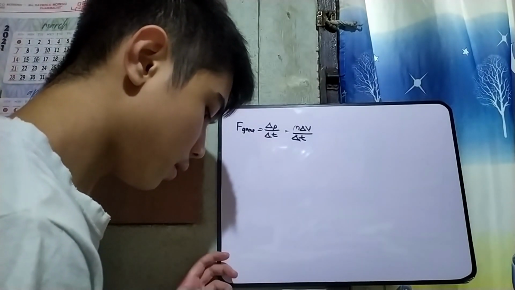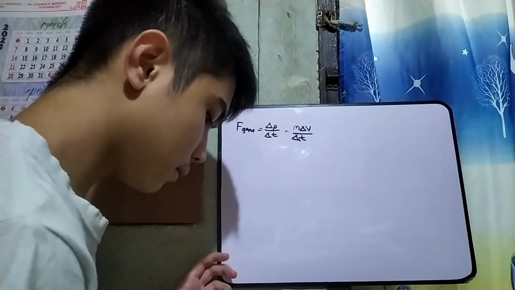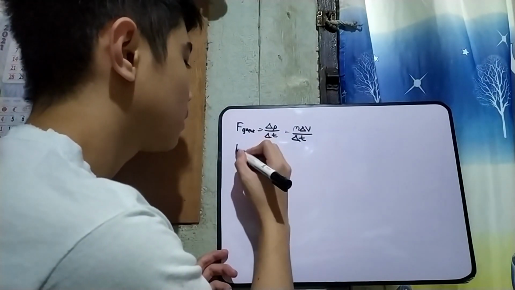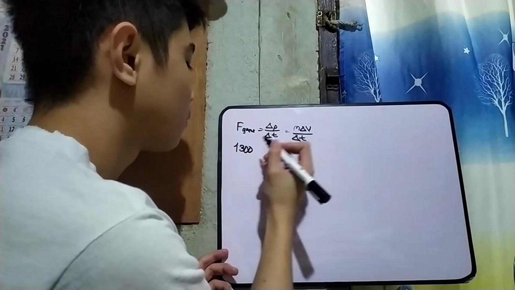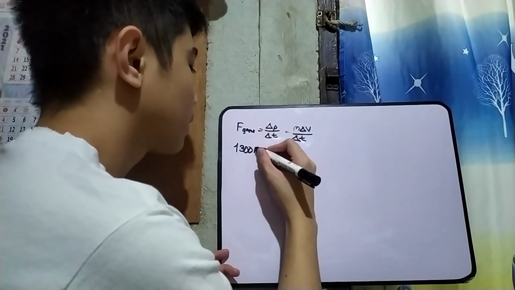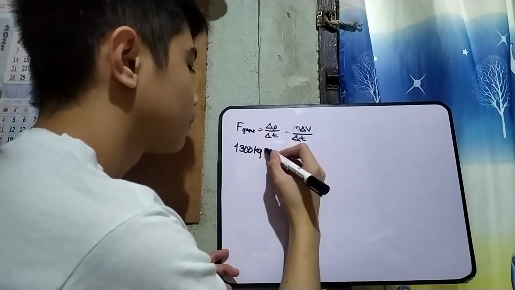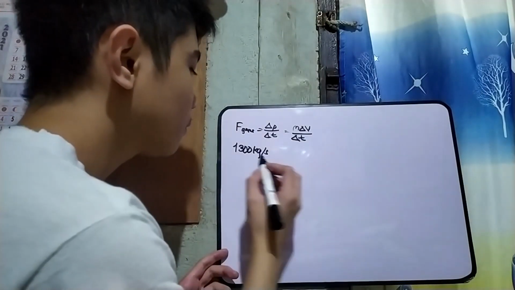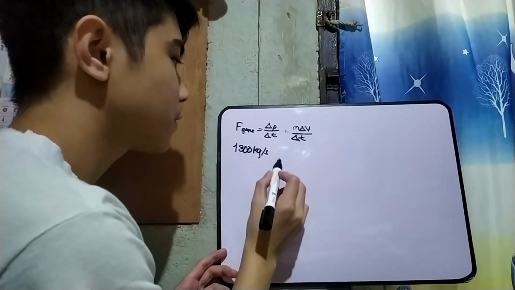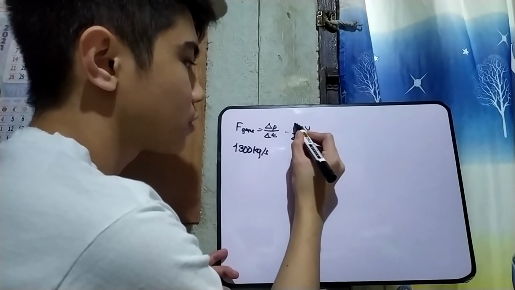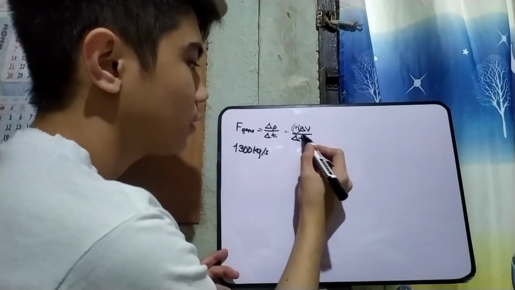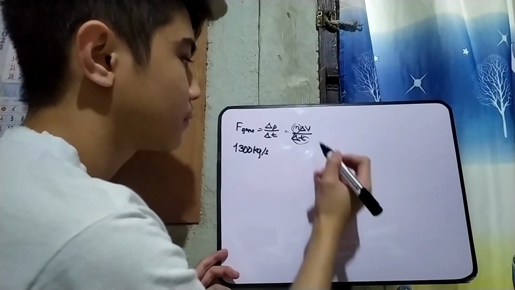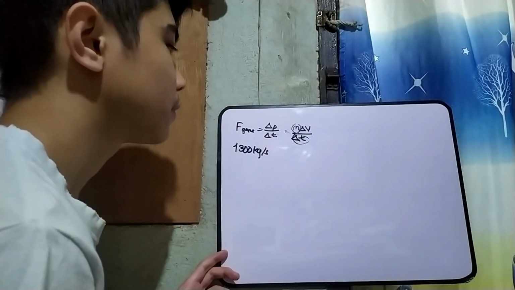Propelling gases are being expelled at a rate of 1,300 kilogram per second. So, yung 1,300 kilogram per second na to, ito siya. Yung mass and yung time over time.